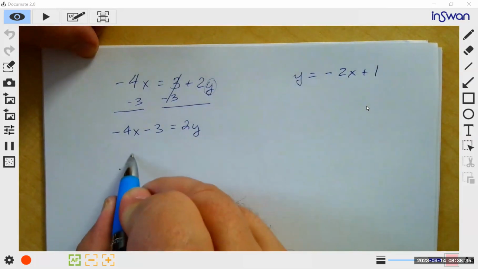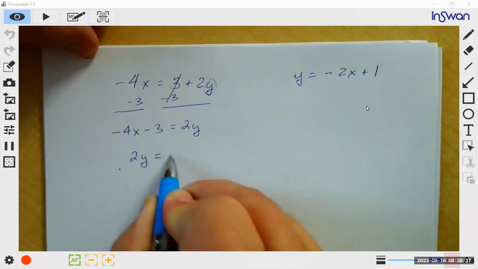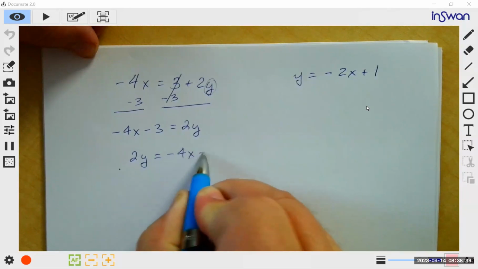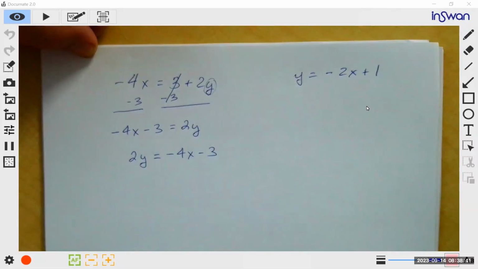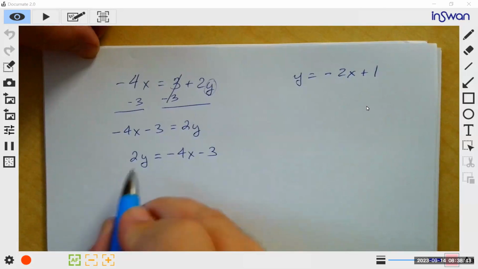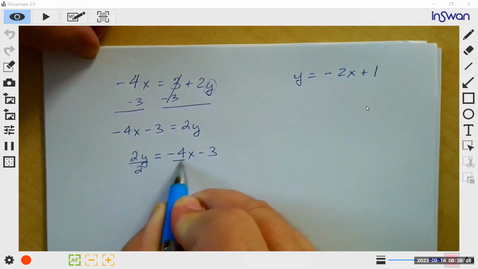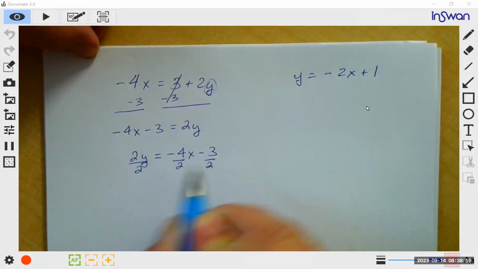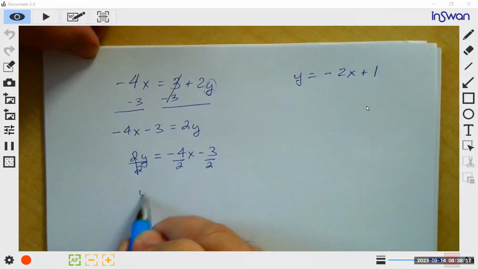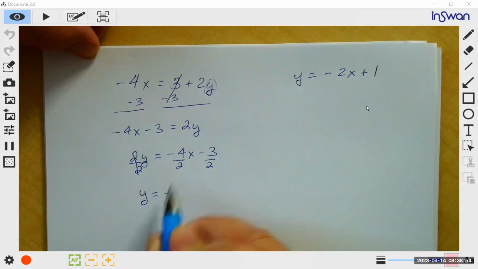We can rewrite this as 2y equals negative 4x minus 3. Just flip them over. Get the y by itself. Since they're multiplied, we divide each term. Only one negative, so the answer is negative. 4 divided by 2 is 2.